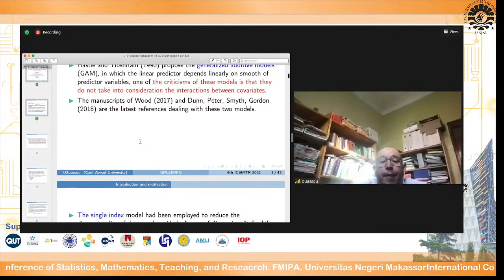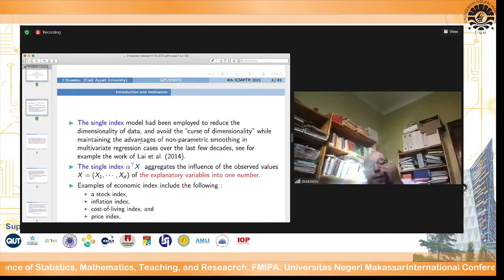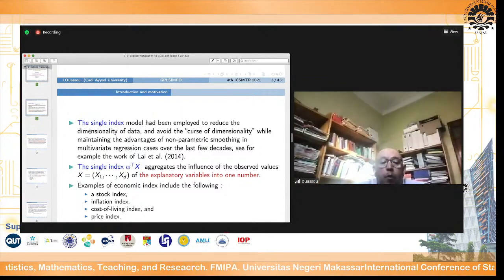The single index, which we are interested in, has been employed to reduce the dimensionality of data and avoid the curse of dimensionality, taking advantage of nonparametric smoothing in the multivariate regression case over the last few decades.